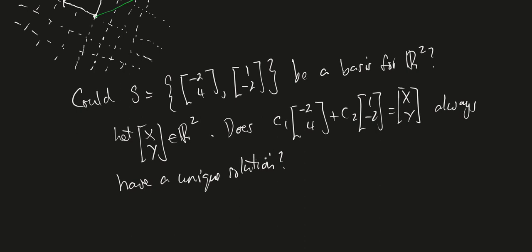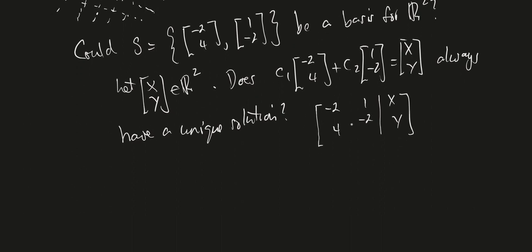Not just is it consistent, but does it always have a unique solution for every (x, y)? Well, we know how to put this in our augmented form. Now we can do our Gaussian elimination and see if the system is always going to be consistent regardless of my choice of x and y. Will I always have not just a consistent but a unique system, one that has exactly one solution for every vector that I could put here?